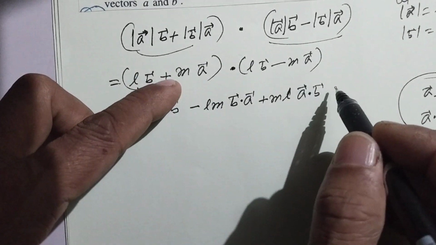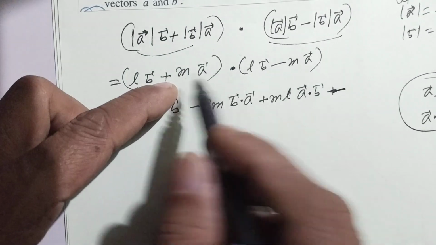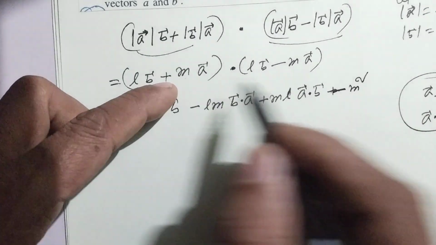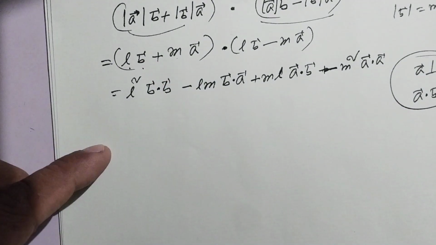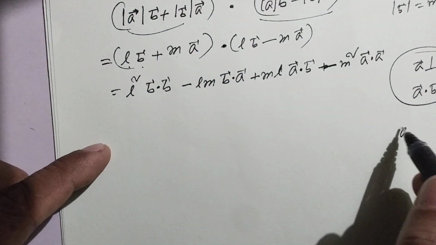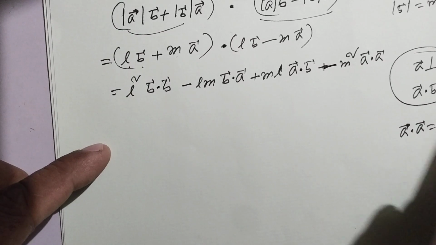Now second with second again, plus, no, it will be minus. Plus into minus is minus. M into M is M square, A dot A. Now we have learned A dot A is magnitude of A square.